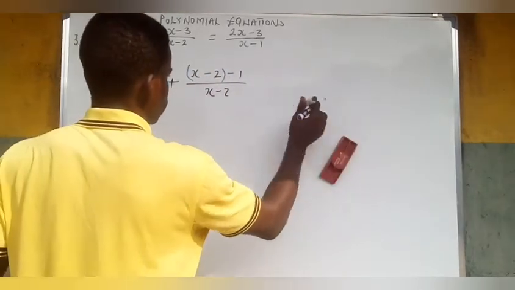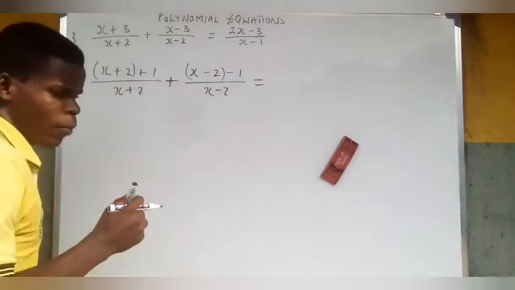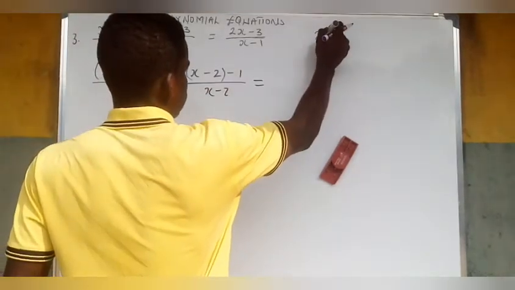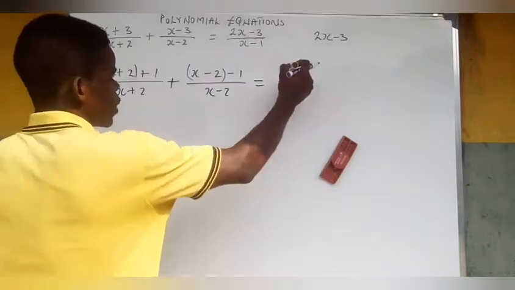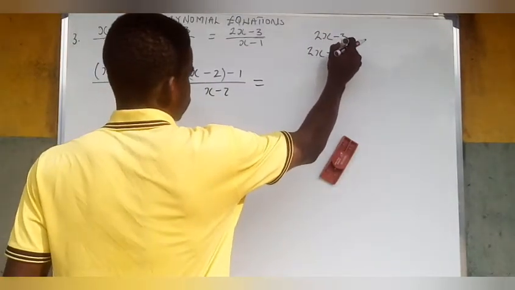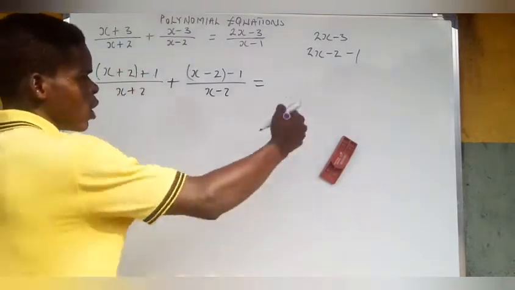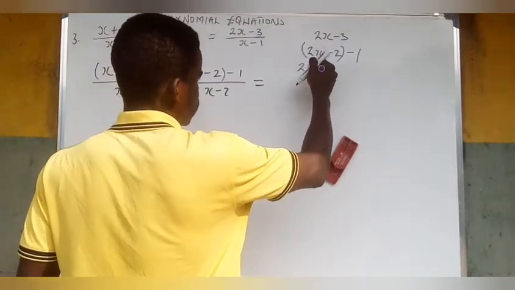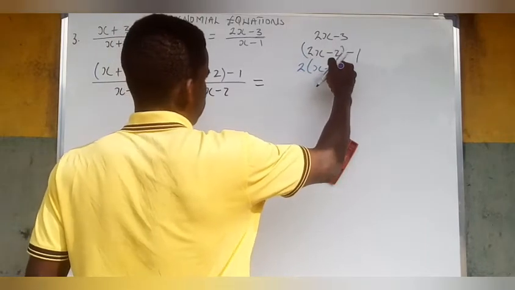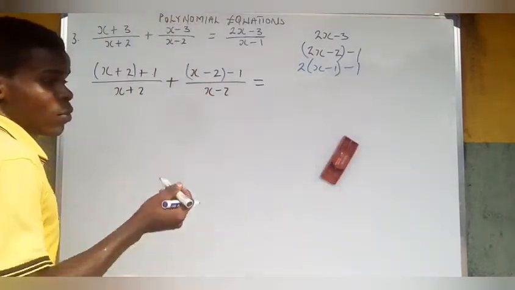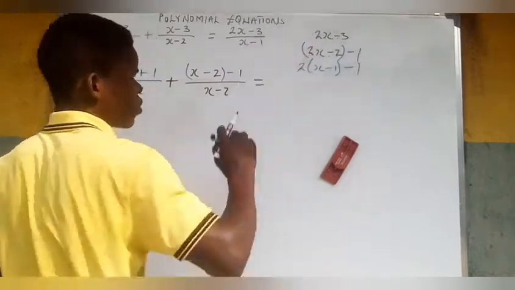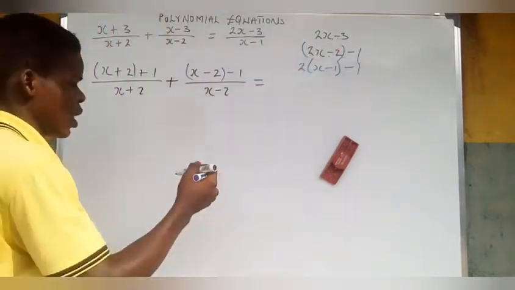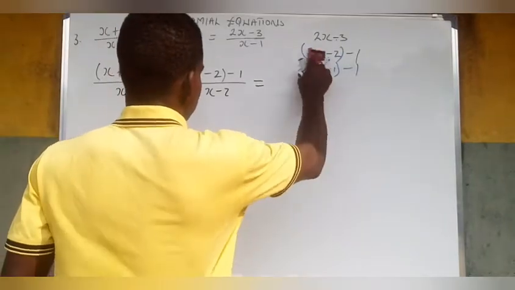Which is equal to, now, observe something there. 2x minus 3 could be split into 2x minus 2 minus 1. Now, if I take this and this, I can simply factorize 2. So factorizing 2, I will have x minus 1 outside. So I split it, minus 2 and negative 1. Then factorize, taking 2 out, I will have that left. So that's what I'm going to have here.